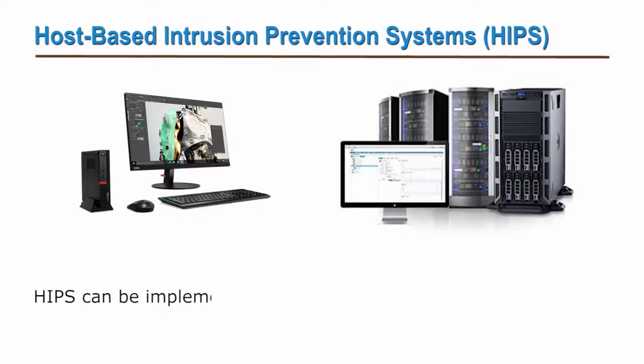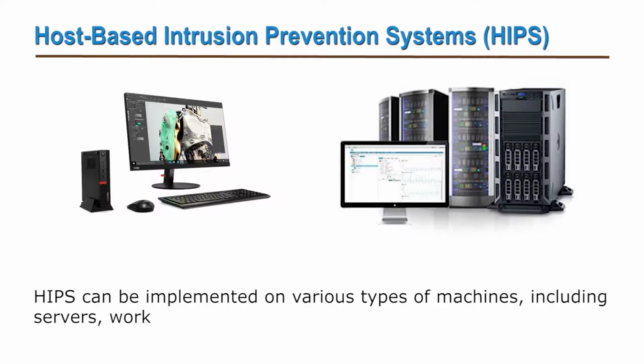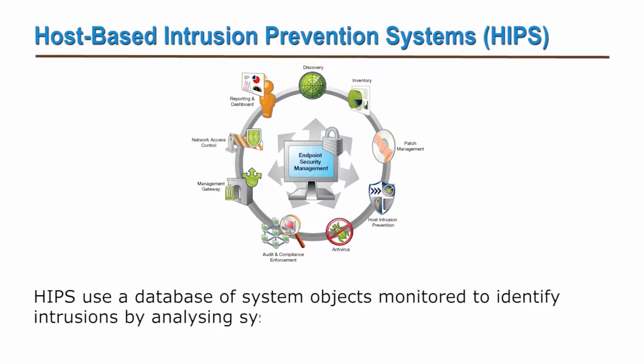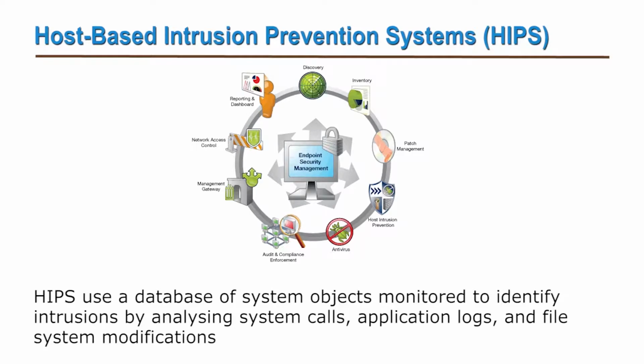HIPS can be implemented on various types of machines, including servers, workstations, and computers. HIPS uses a database system that monitors to identify intrusions by analyzing the system calls, application logs, and file system modifications.